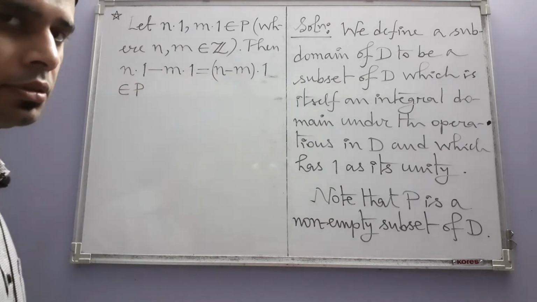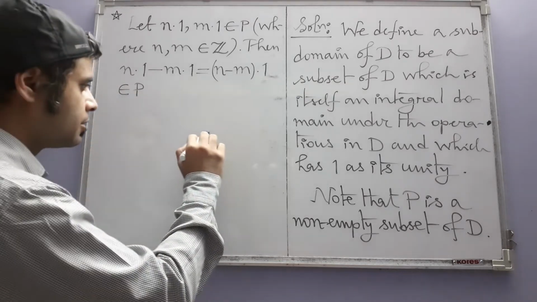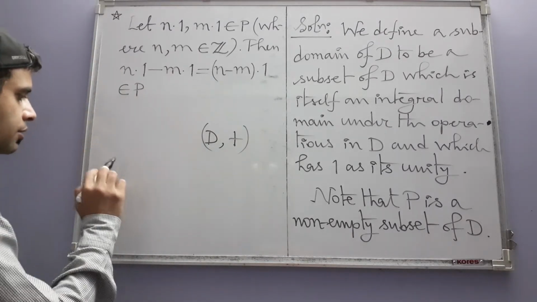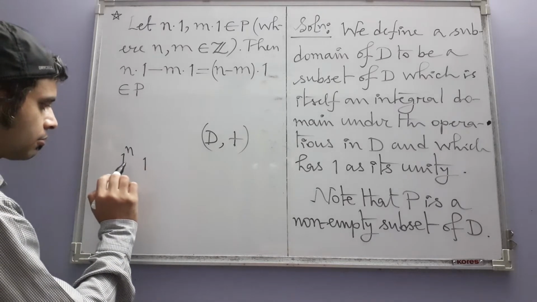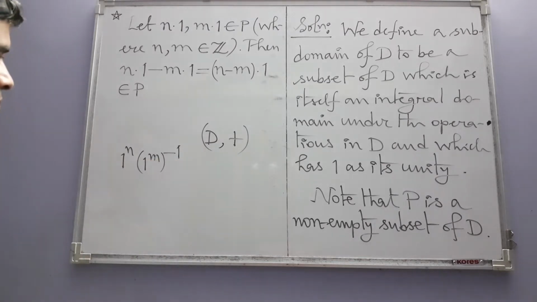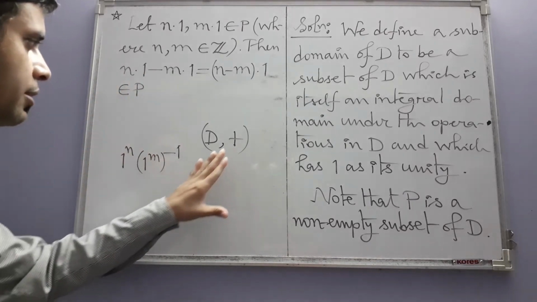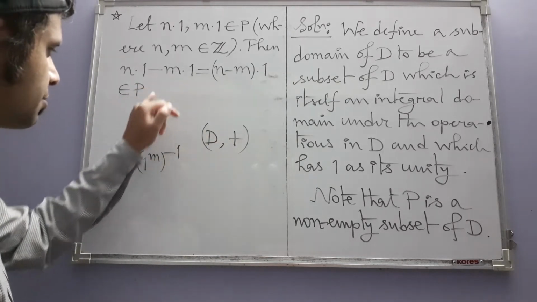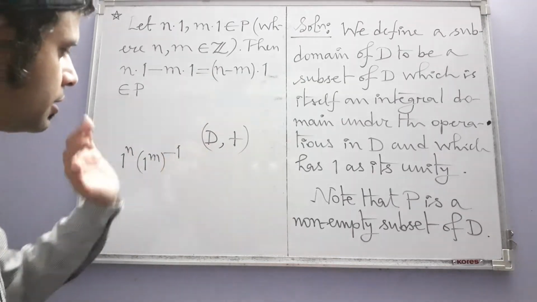What is this equation? Do you see? If you interpret this in the additive group D plus, then the equation will look like this. Because here n·1 is the nth power of 1 in this group, m·1 is the mth power of 1 in this group, and this minus represents inverse, additive inverse of course, but after all inverse in this group.